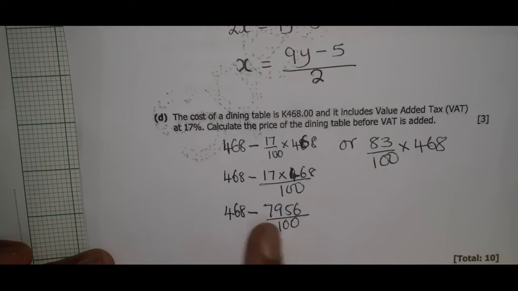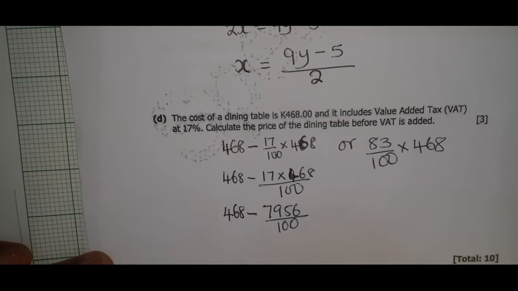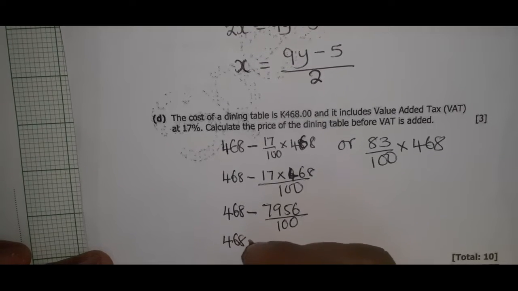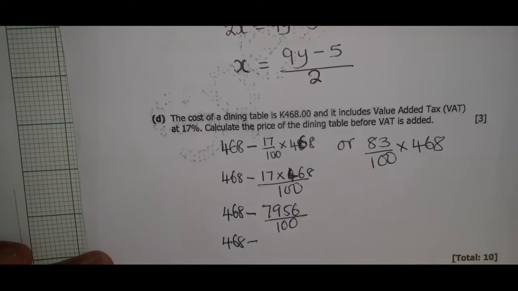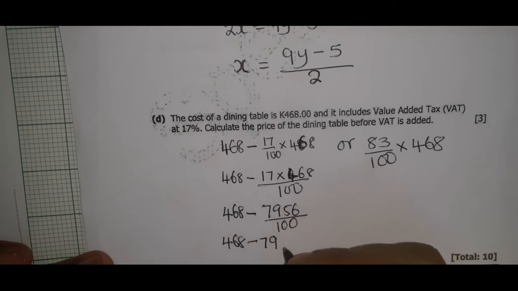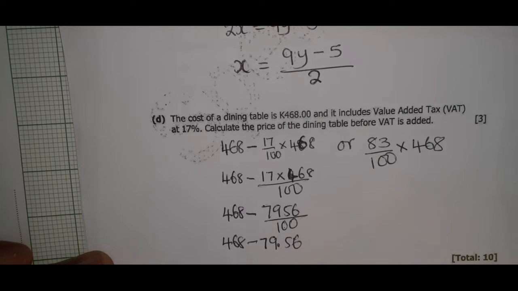Here, if you want, you can simplify this as a fraction, or alternatively, you can divide 100 into this number and see what you get. What do you get when you divide 100 there? You're going to get 79.56.